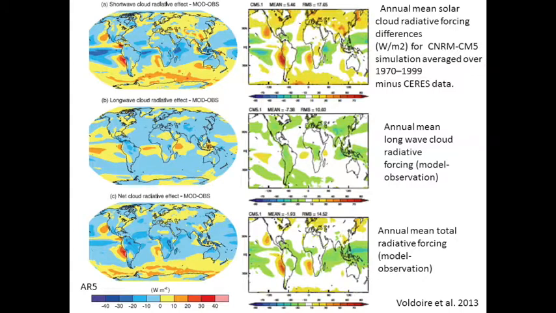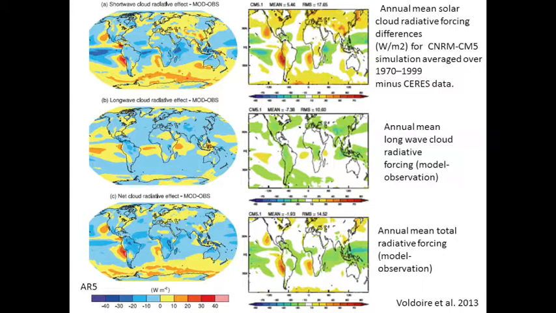This error has been associated with the clouds, because in these regions on the west side of the continents, there are low-level clouds that are not very well represented in models.